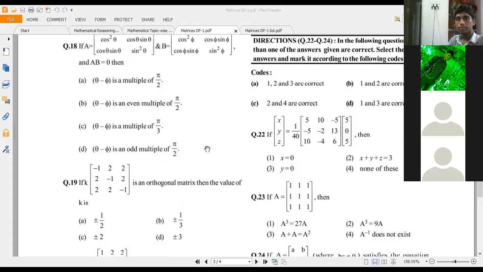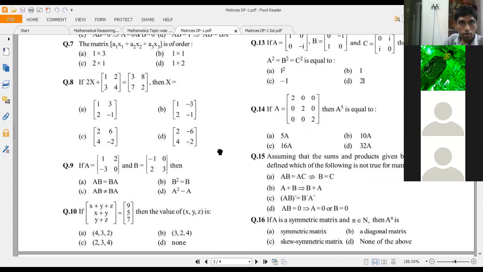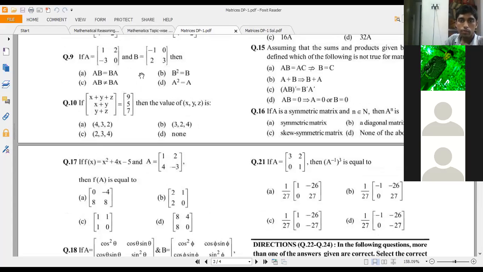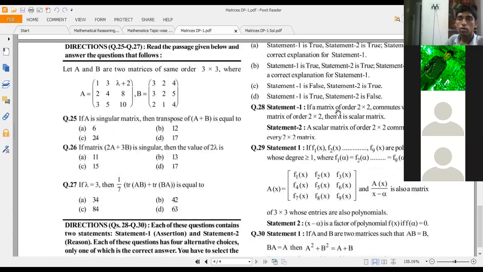Sir, for the 28th question, I didn't understand the solution. Question 28. Statement 1: If a matrix of order 2 by 2 commutes with every other matrix of order 2 by 2, then it is scalar.